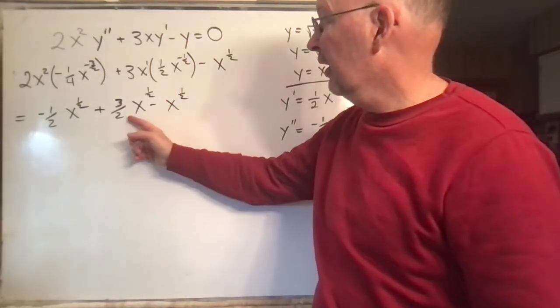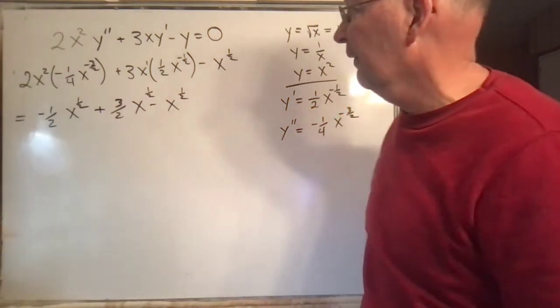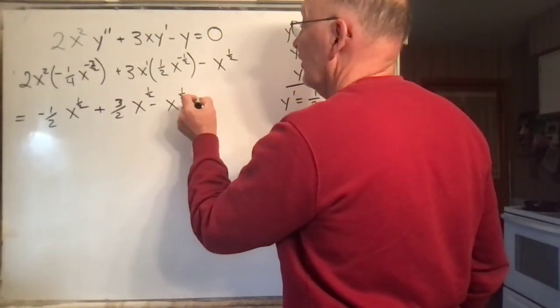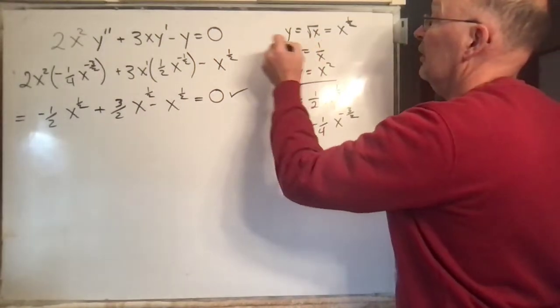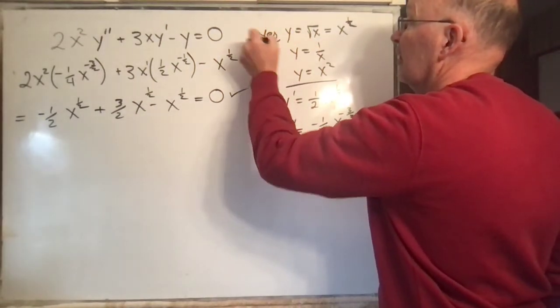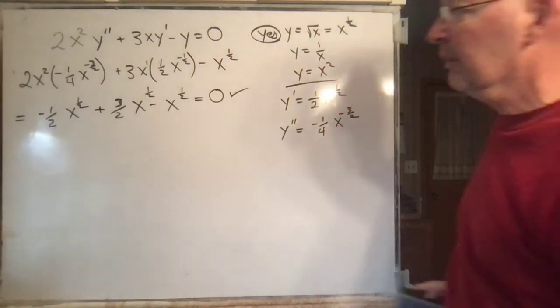And notice that I have 3 halves of them, and here I subtract 3 halves x to the 1/2. So that's all equal to 0. So sure enough, that's a solution. So the answer to this one is yes. That one is. Okay, let's try the second one.